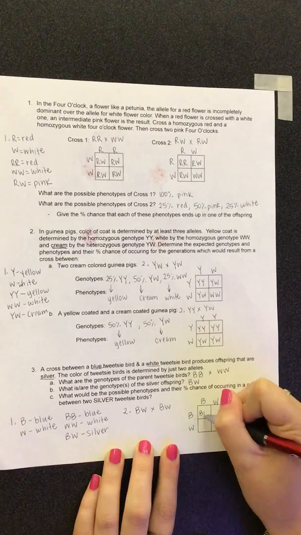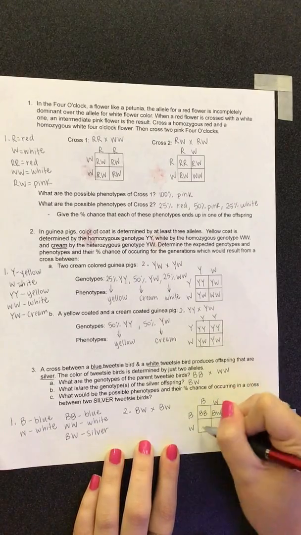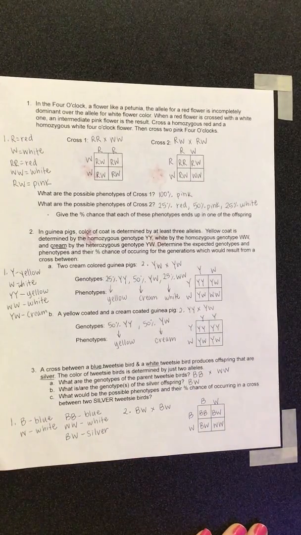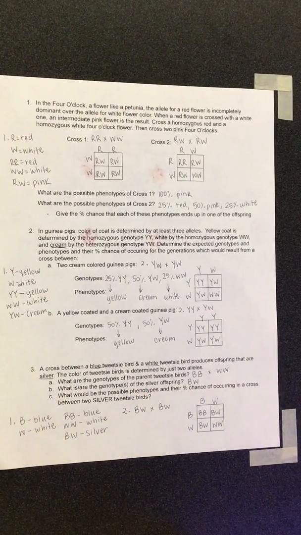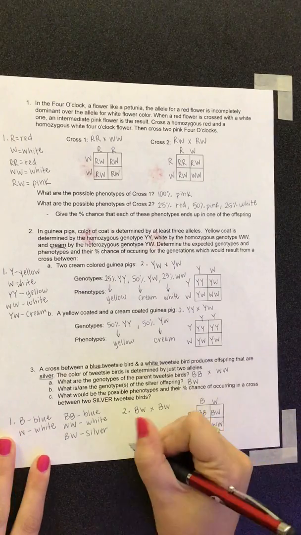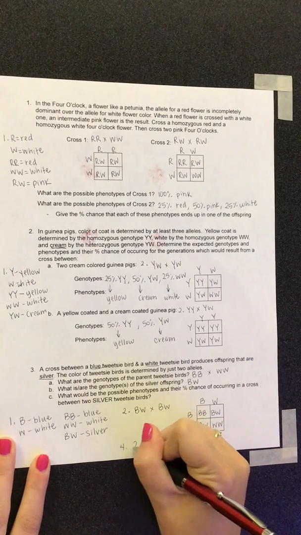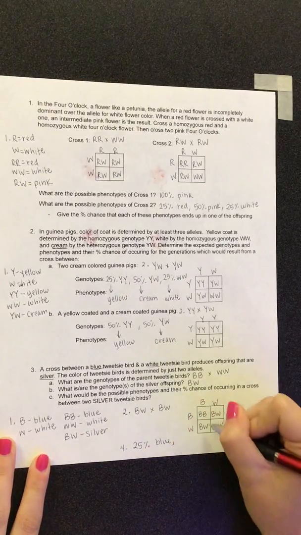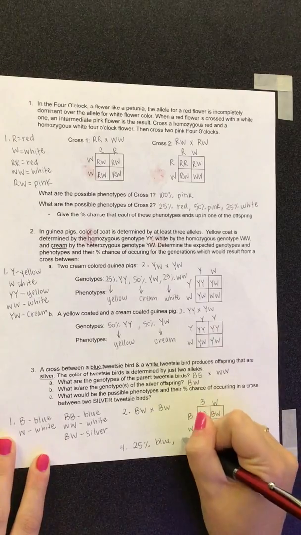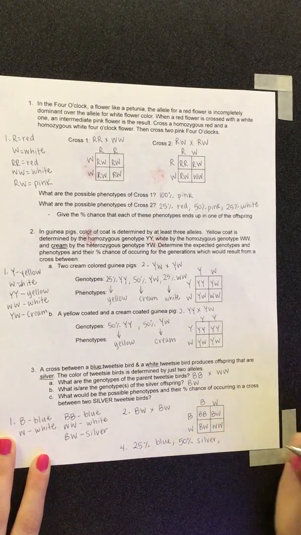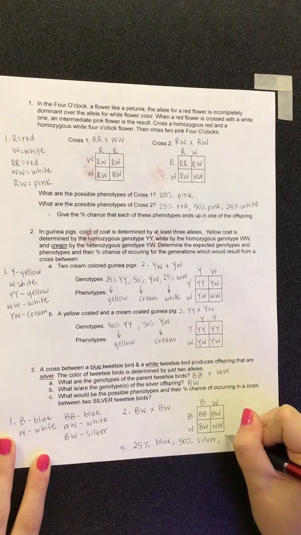And when I cross them, the question wants to know the possible phenotypes and their percent chance. So based on my Punnett square, there is a 25% chance of a blue Tweetsie bird, a 50% chance of a silver Tweetsie bird, and a 25% chance of a white Tweetsie bird.